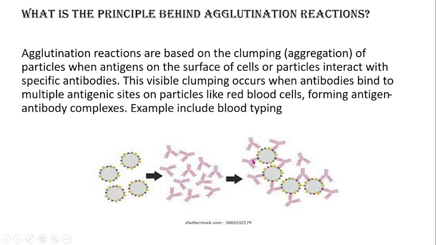As a result, this interaction results in visible clumping which is seen with the naked eye. So the principle of agglutination lies in the interaction between antibodies and their particulate antigens.